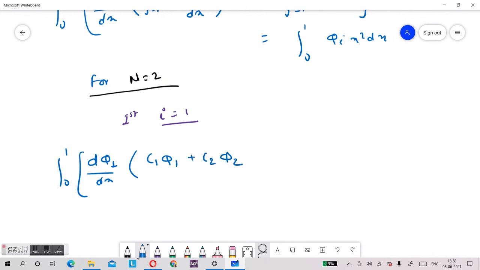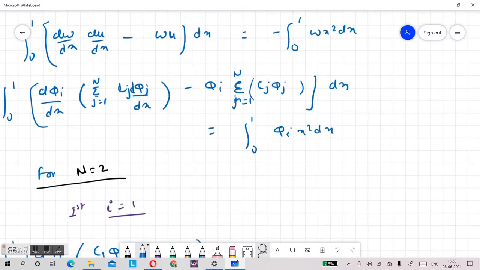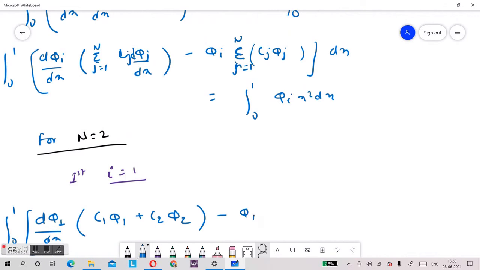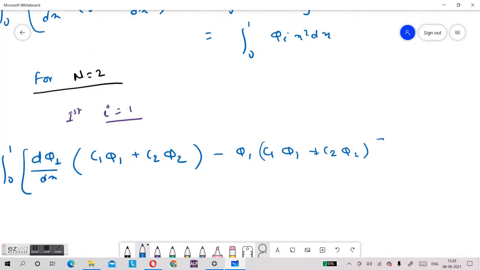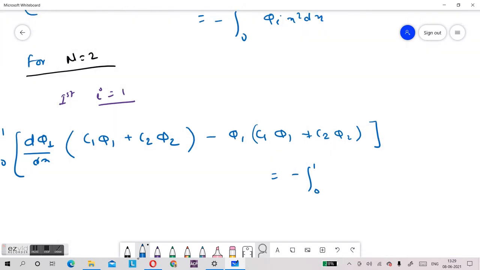Similarly, this will become minus phi 1 times c1 phi 1 plus c2 phi 2, and here it is minus. If I make some mistake, like forgetting a sign, just correct it by yourself. And on the right, integral 0 to 1 of phi 1 x square dx.